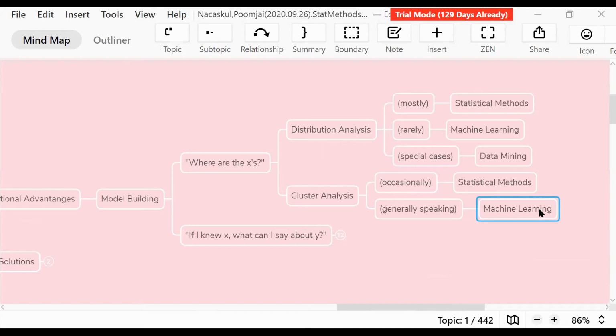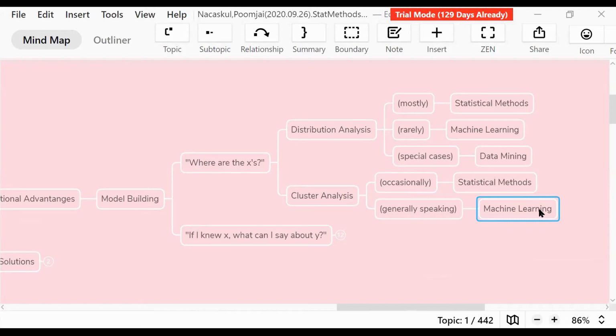Because I just said that most of the time cluster analysis will be handled not with last year's material, which is statistical method, but will be handled with this year's material, which is machine learning. But this year we're learning a lot of machine learning, right? So in this case, what is an example of a paradigm? Unsupervised, right?